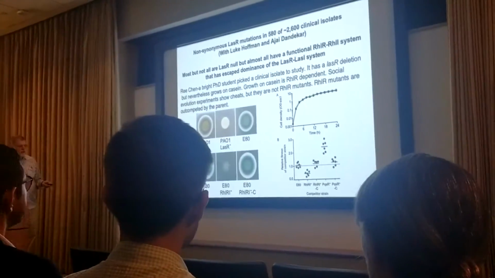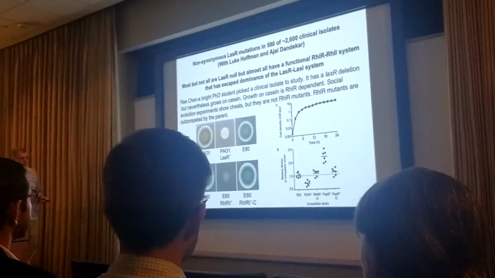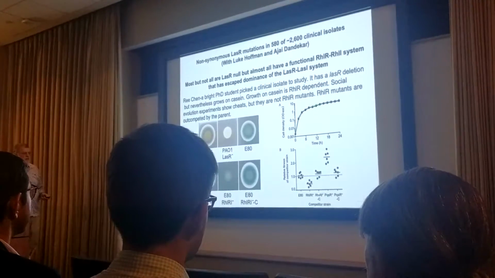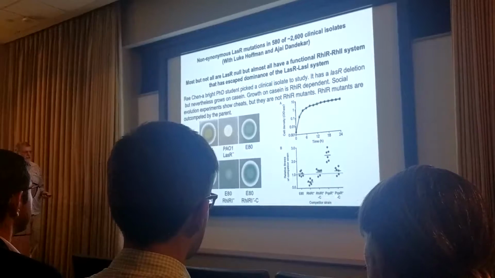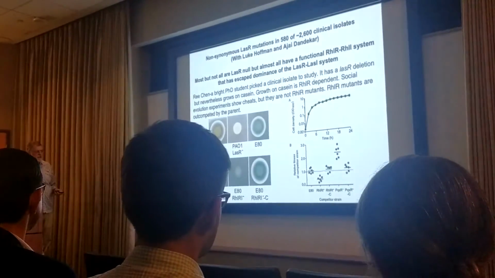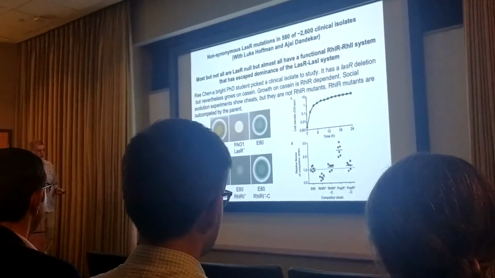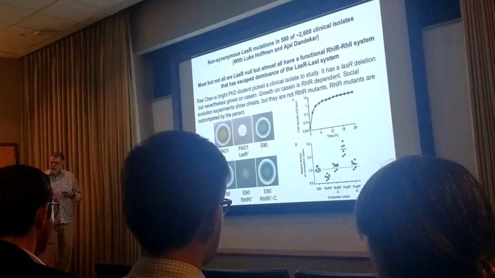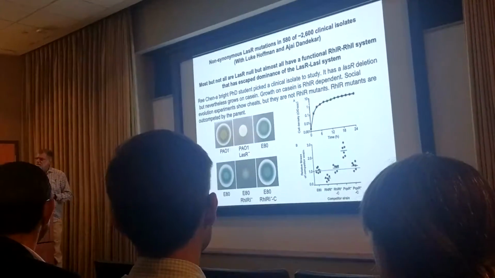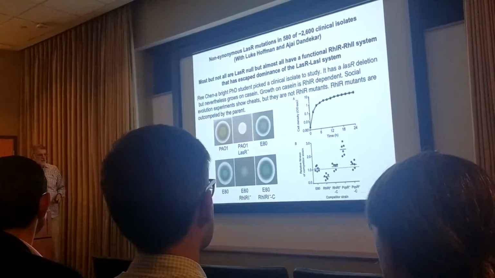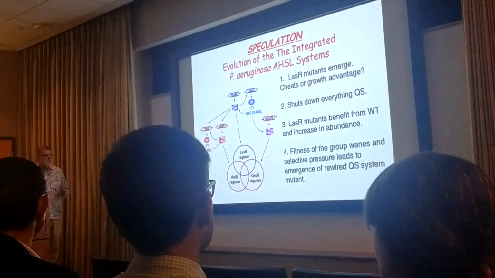I'm not going to talk about this much today. And the cheaters all have a mutation that disables their ability to produce this other kind of signal called PQS. PQS mutants are equally fit to the wild type. So REL-R mutants are disadvantaged in terms of their fitness when growing together with the wild type.